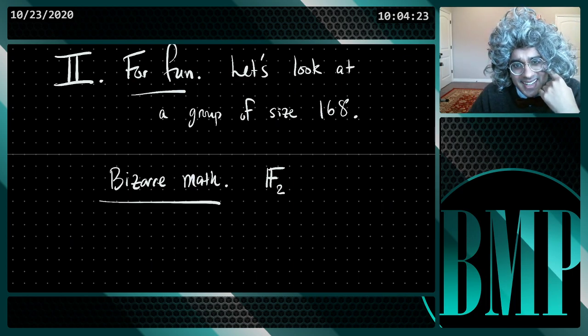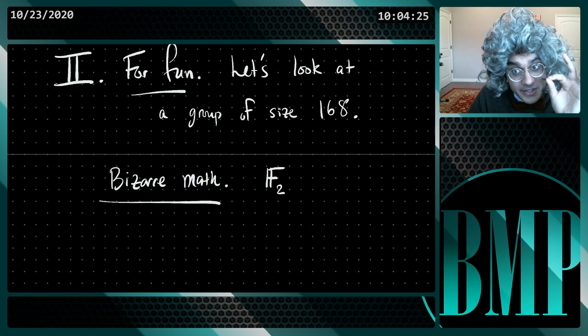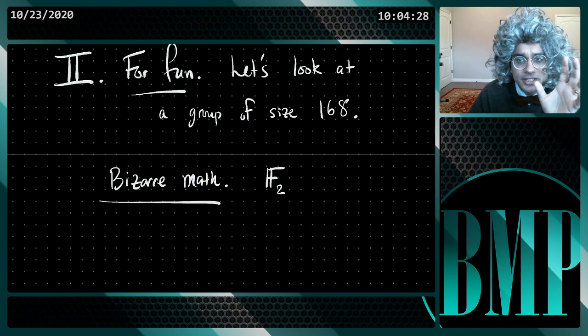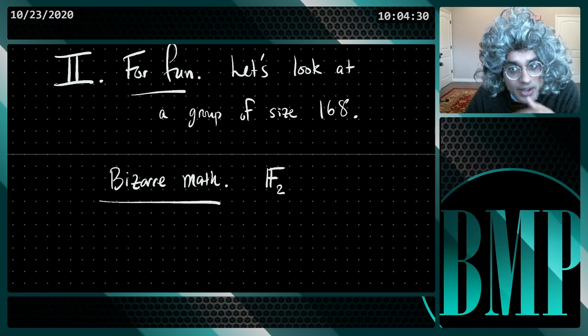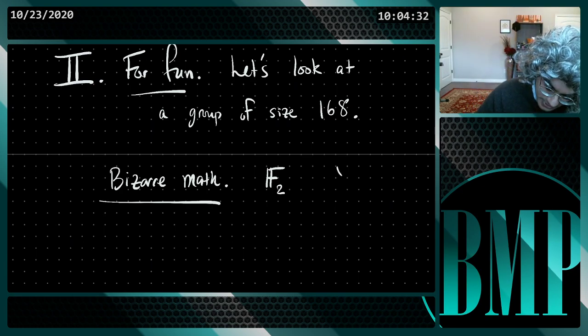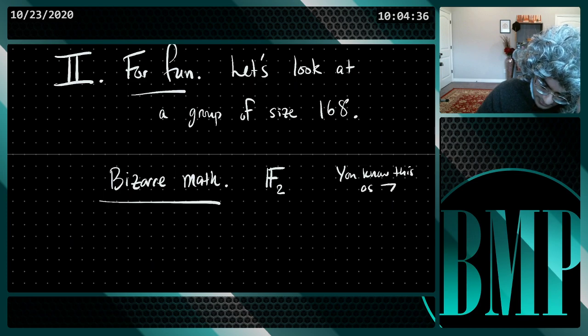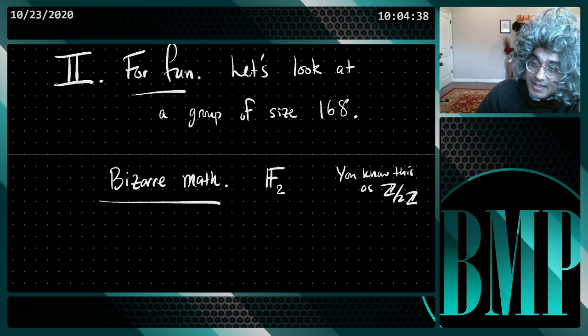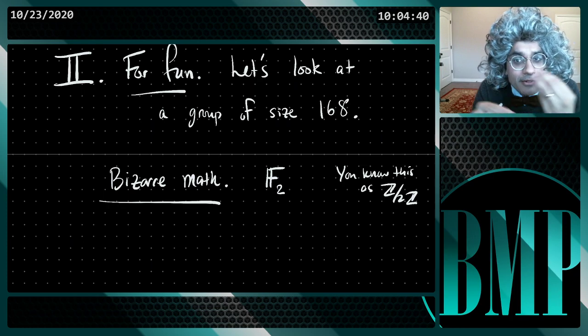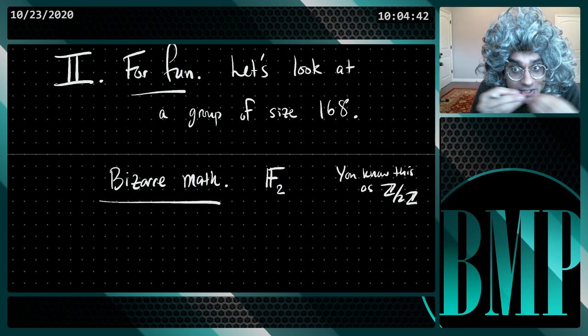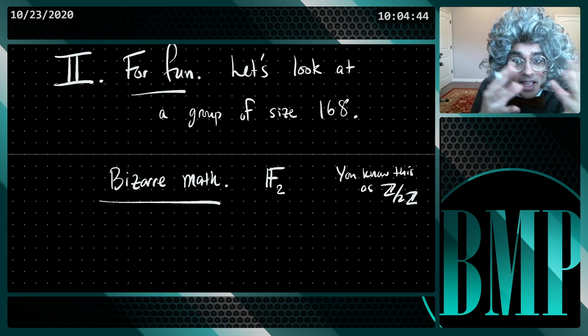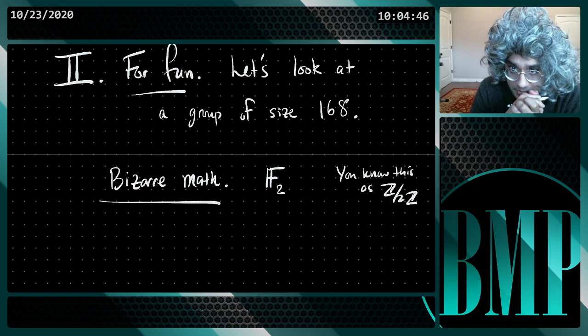F2 is a number system, a field, that has only two elements. You know it right now as Z mod 2Z. It's the same. But right now we've only been focusing on the addition structure on Z mod 2Z, thinking of it as an abelian group.